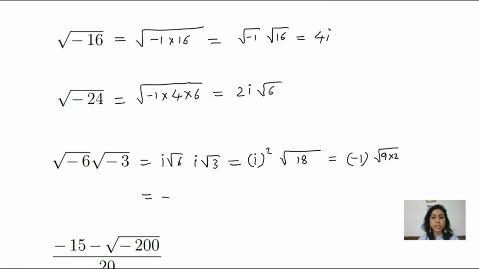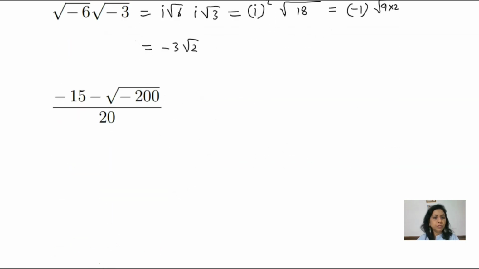Square root of 9 is 3, and this is square root 2. This is the final answer. Okay, here don't multiply -6 times -3. First you have to simplify in terms of i and then multiply the radicals.